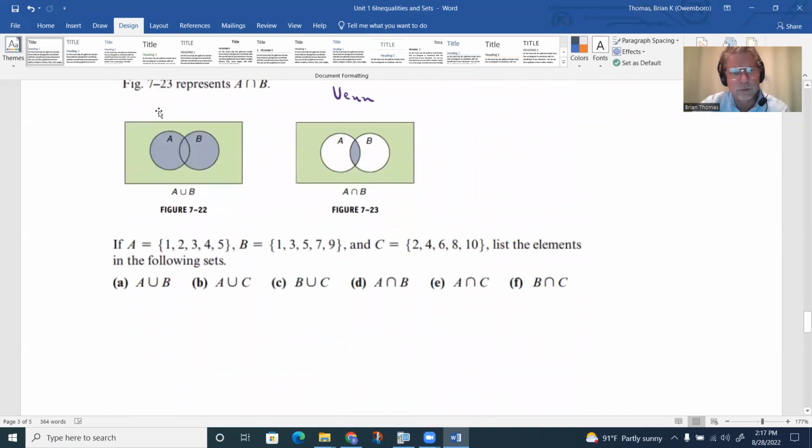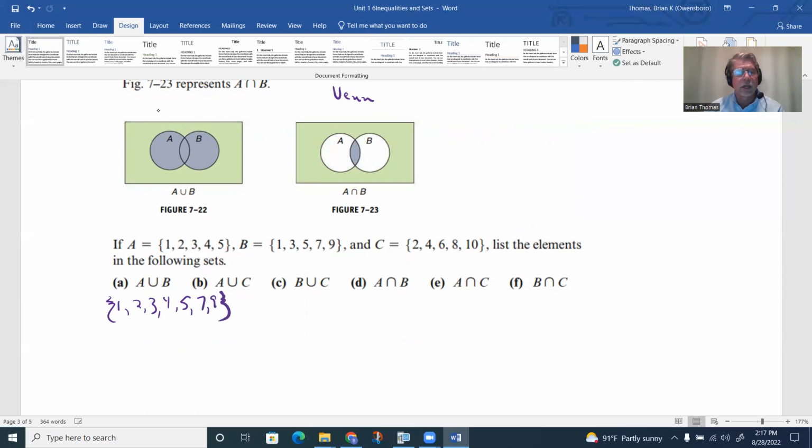So let's see if we can put this together. A union B means everything in A as well as everything in B. So A union B would be the set of, so I have 1, 2, 3, 4, 5. I have 1, 3, 5, 7, 9. So if I put both sets together, that's 1, 2, 3, 4, 5, 7, and 9.